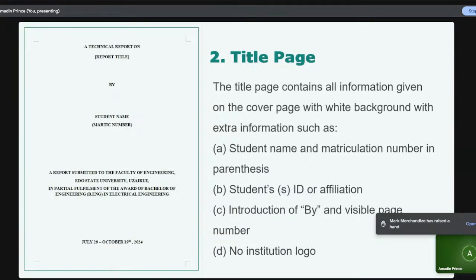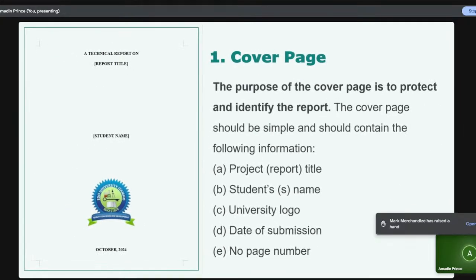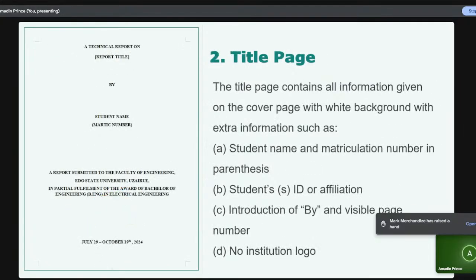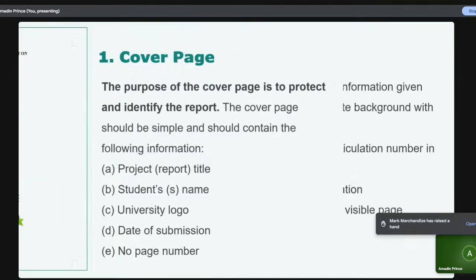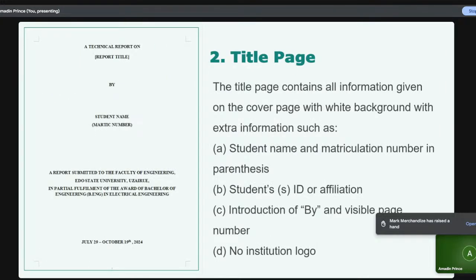The title page and the cover page are not the same thing. The cover page identifies your work. The title page basically does the same thing but with more information. The cover page helps to identify with less information, so it will not overcrowd your audience reading it, while the title page contains everything in the cover page with extra information. If you observe, it contains the report title, student name, and all that, but there is some additional information.